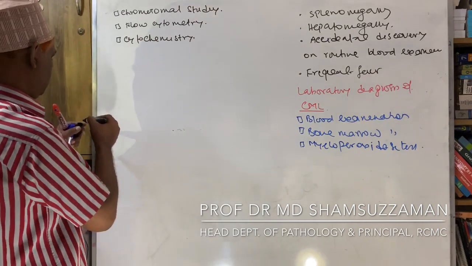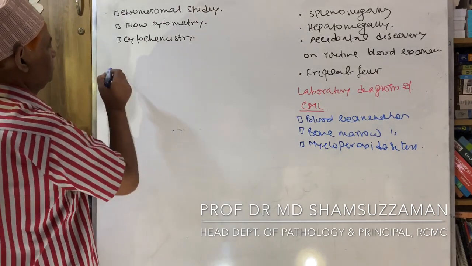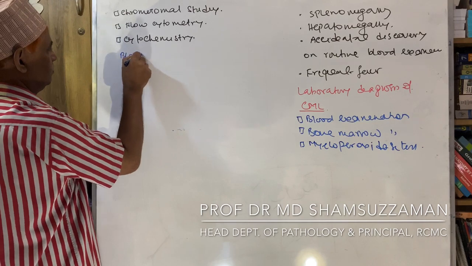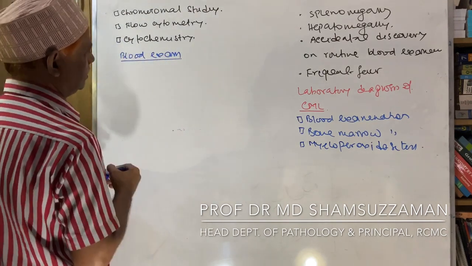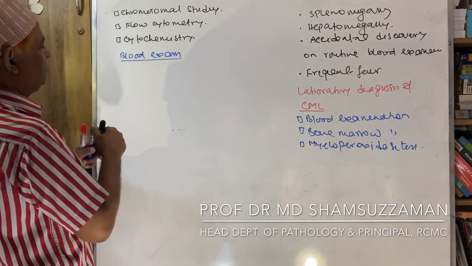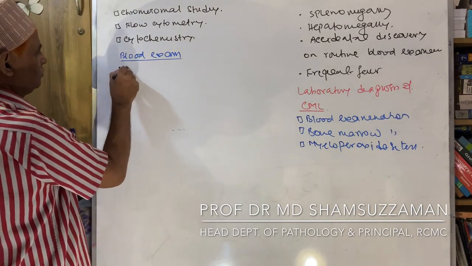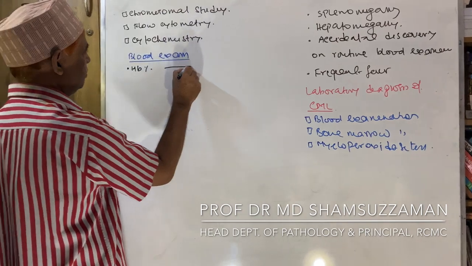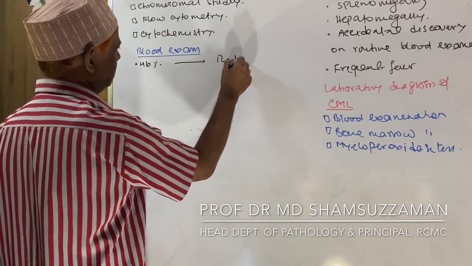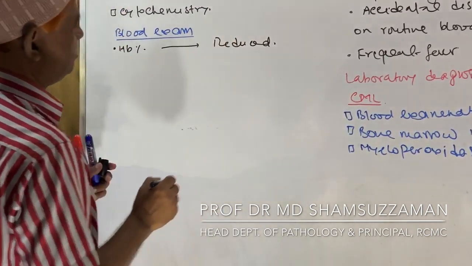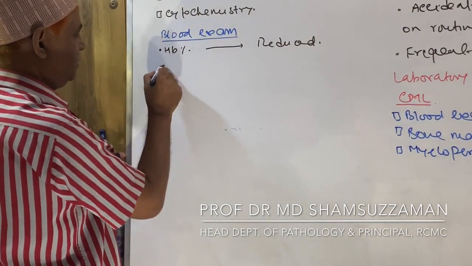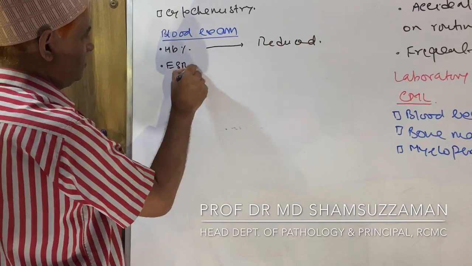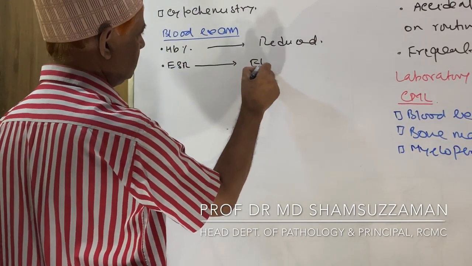Now come to blood examination first. We have to do first hemoglobin. The percentage of hemoglobin is reduced, as it is a case of leukemia. The patient suffers from anemia there, so hemoglobin is reduced. Then ESR, it is elevated.